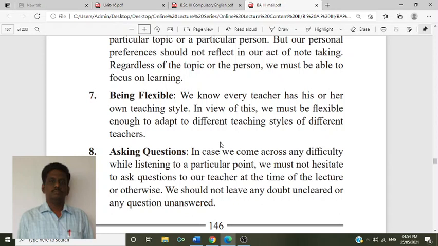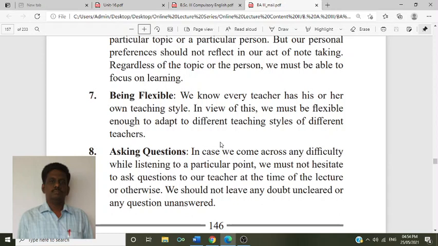Then asking questions, this is also a very important point here, that the teaching learning method is in fact an interactive process. It is not one way. There are two poles, one is the input and another is intake. Input is what the teacher is teaching you, and intake is what you are learning.